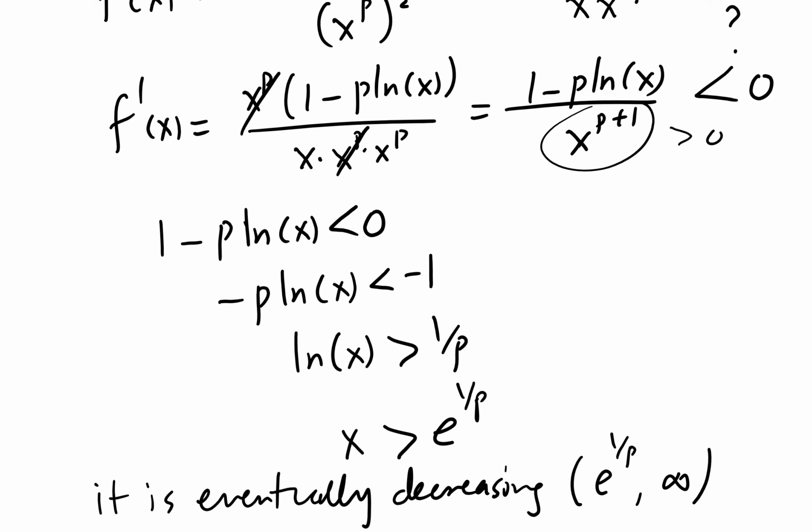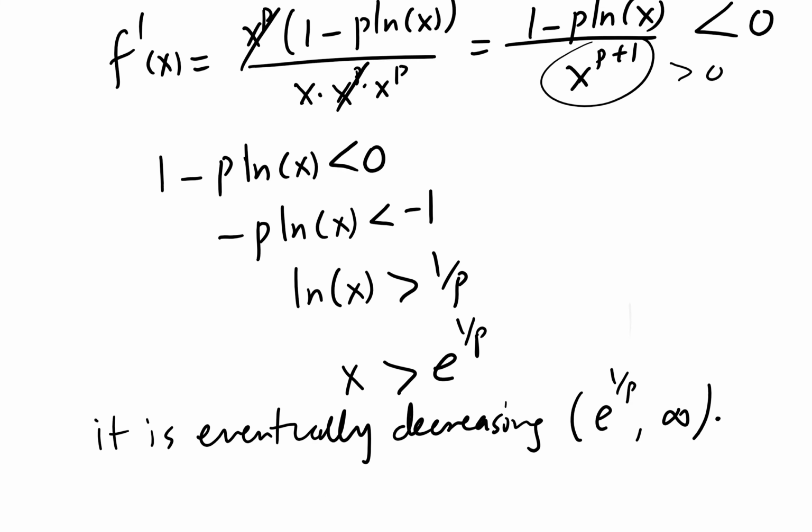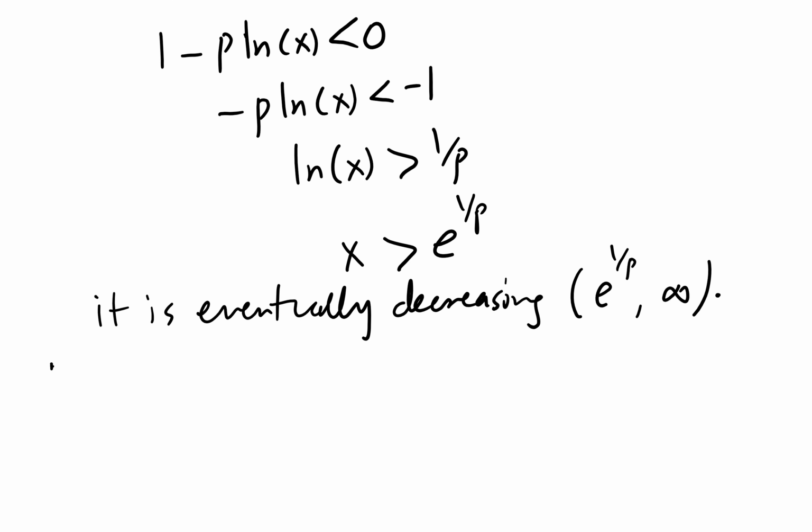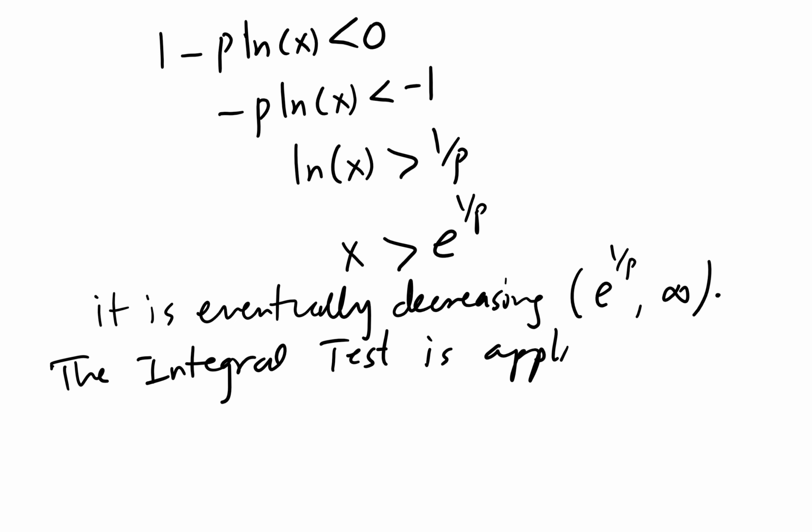So we can use the integral test. All this works just to test if we can use the integral test or not. Now we say the integral test is applicable.